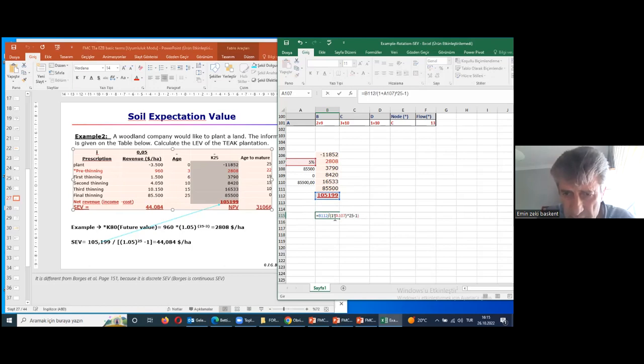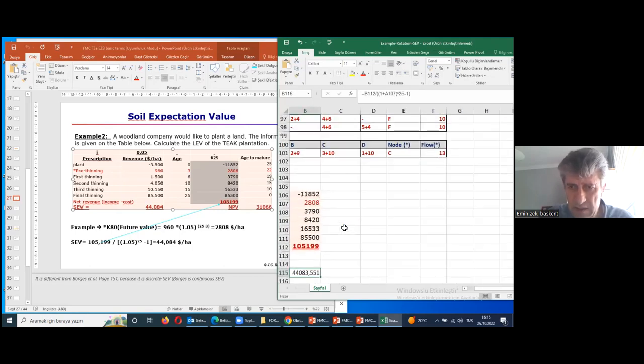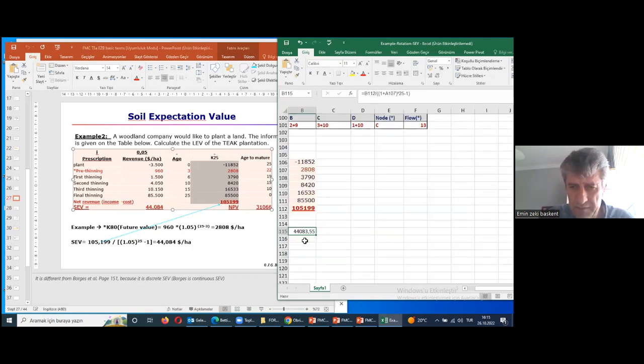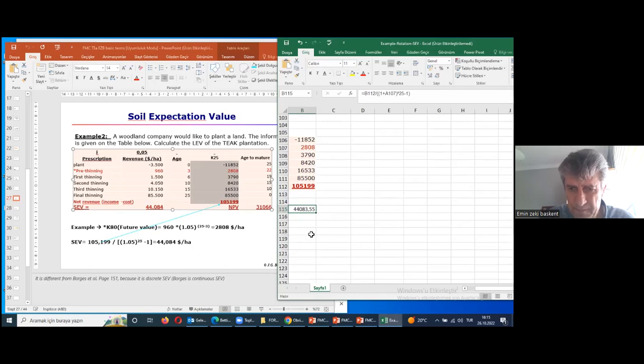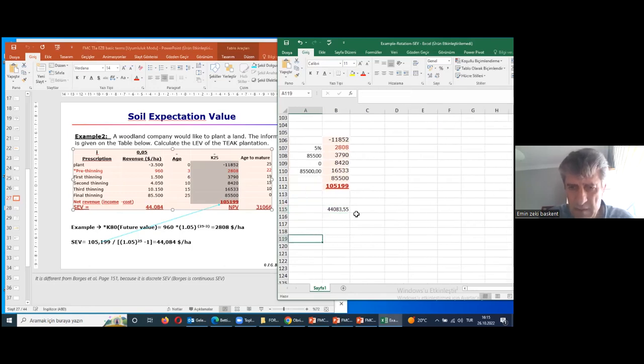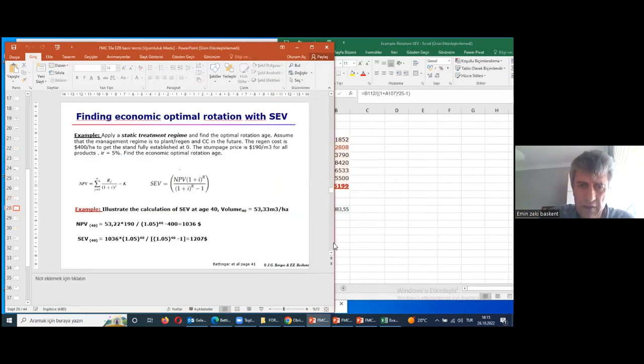We have to make sure that it is within the parentheses. You can see it from here, right? So it is $44,083 per hectare. This is how we calculate the soil expectation value.